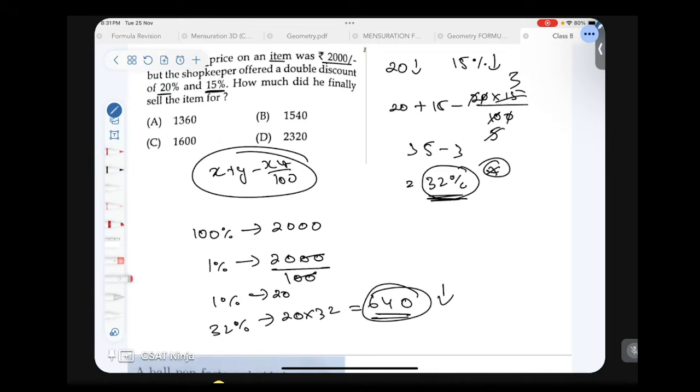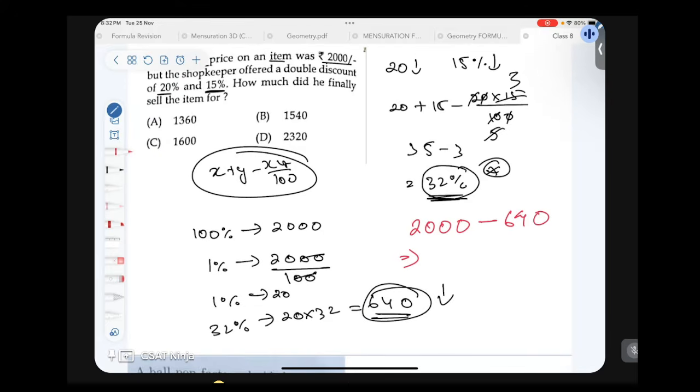Why? Because the discount percentage is 32%. If there is a discount of 32%, then the value is 640 rupees. So from the price of 2000, a discount of 640 is given.